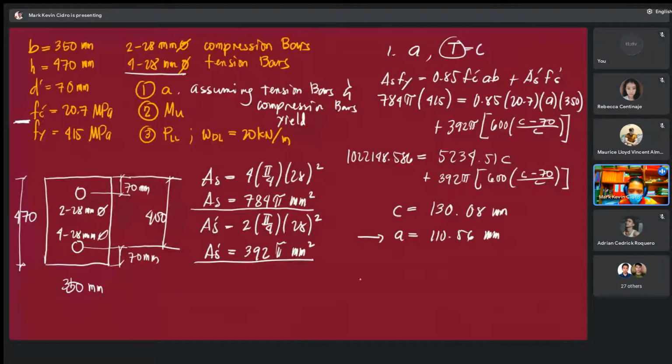Okay. But the a we solved earlier, we assumed that the tension bar and compression bar yield. That gave 82.99. Our answer here is 82.99 mm.